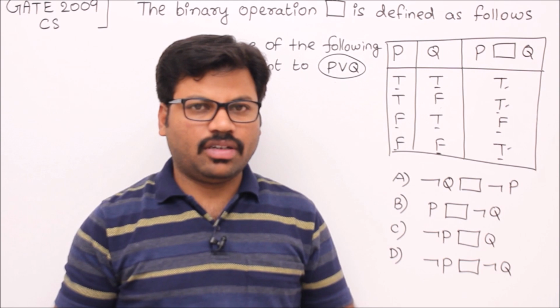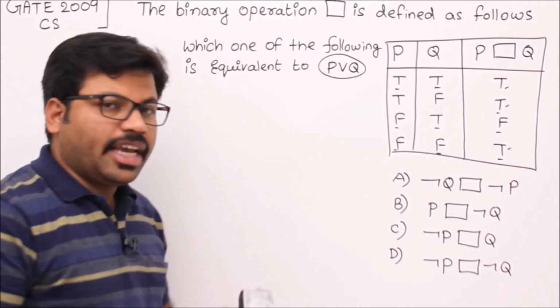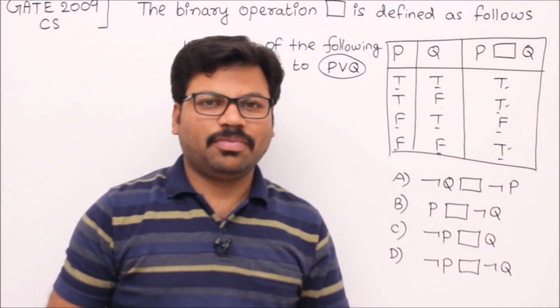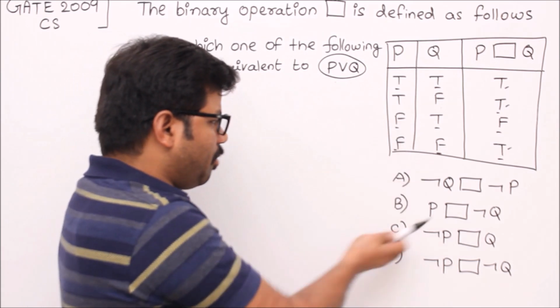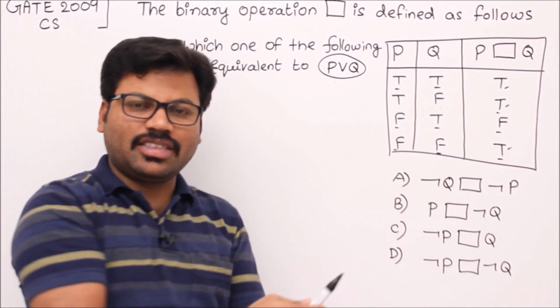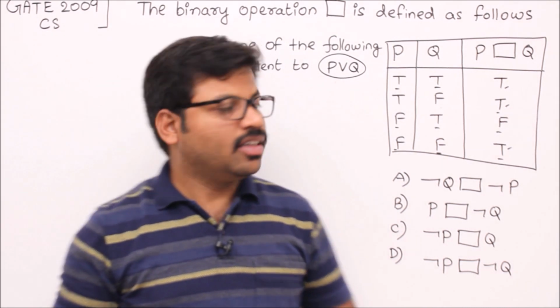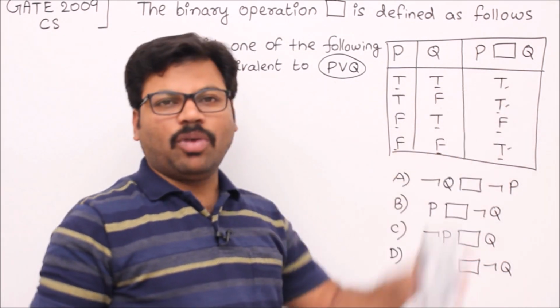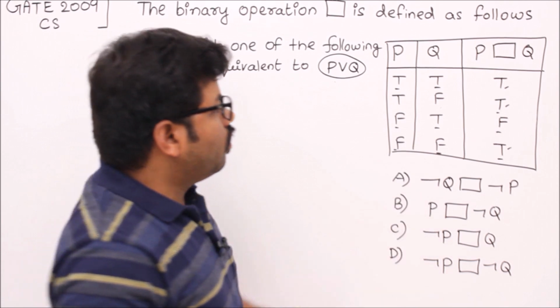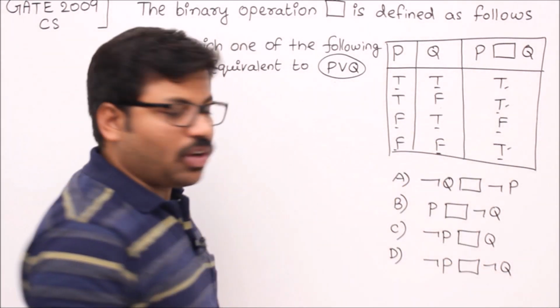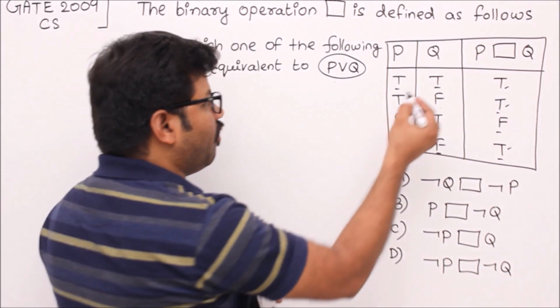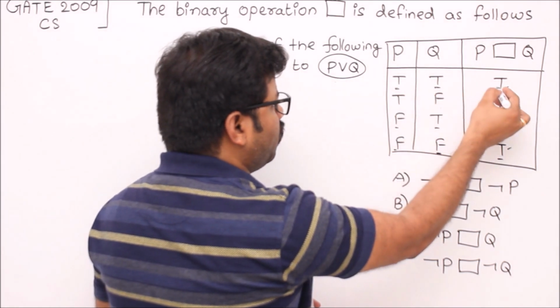Okay. It's so simple. Now let's carefully observe what P box Q is, because this entire concept depends on the box operator, isn't it? If you understand the box operator clearly, you can answer it. P box Q is not a new operator. If you closely watch, when P true, Q true, it is true.